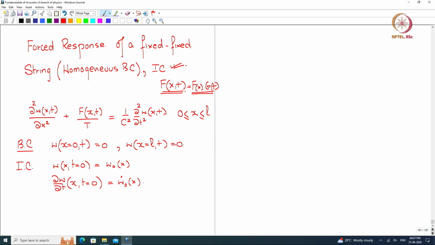Okay. So, all of them are here. We have homogeneous boundary conditions, we have a general forcing, we have non-zero initial conditions. Okay. So, now we are going to use the Laplace transform.